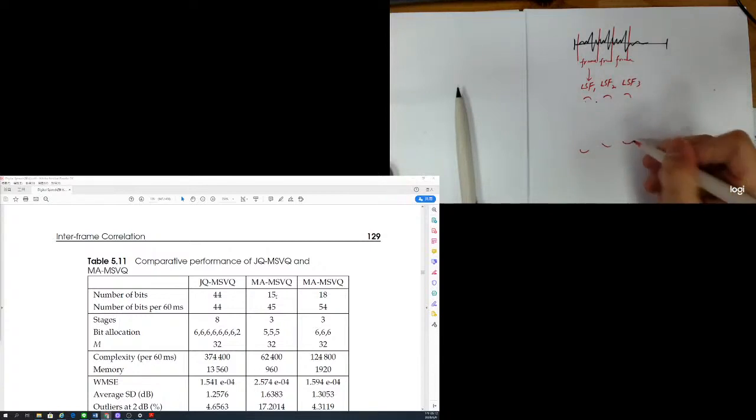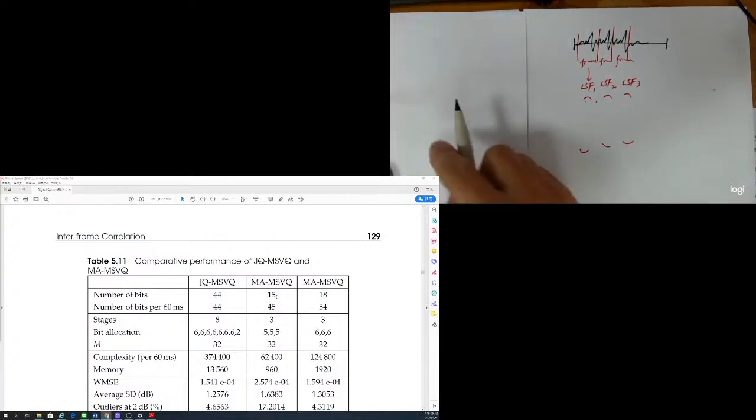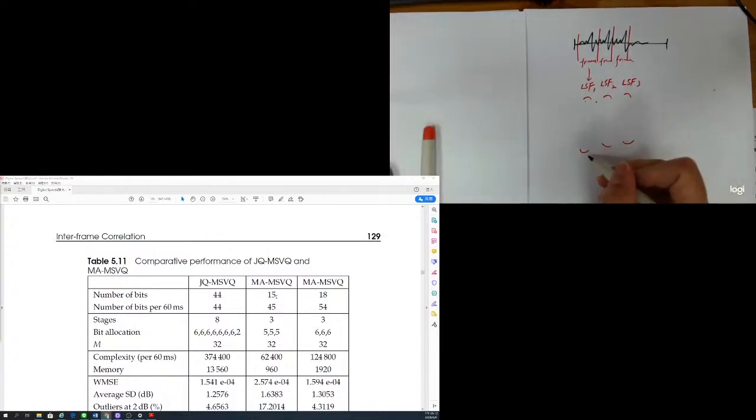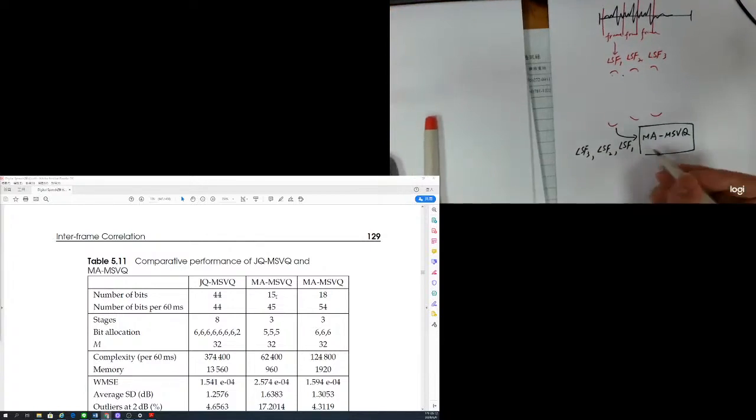So we have three line spectrum frequency vectors, and we are using moving average multiple stage vector quantization. This will be line spectrum frequency 1, line spectrum frequency 2, and line spectrum frequency 3. They come in sequentially.